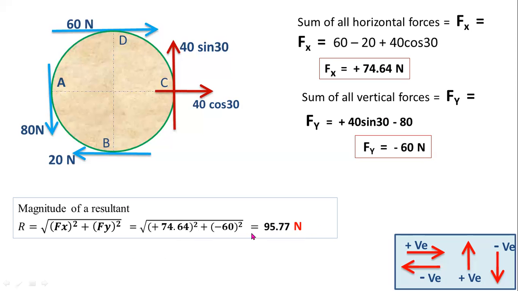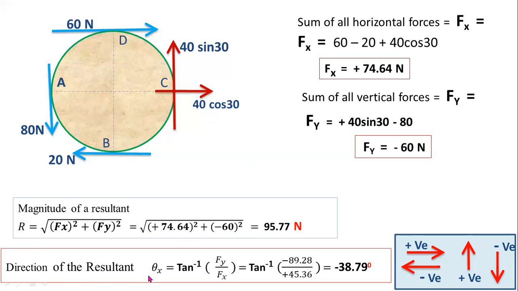Thereafter you have to find out the direction of the resultant. Already we know the formula for direction of a resultant, that is theta x. The resultant makes an angle theta with respect to x-axis. So theta x equal to tan inverse of Fy by Fx.